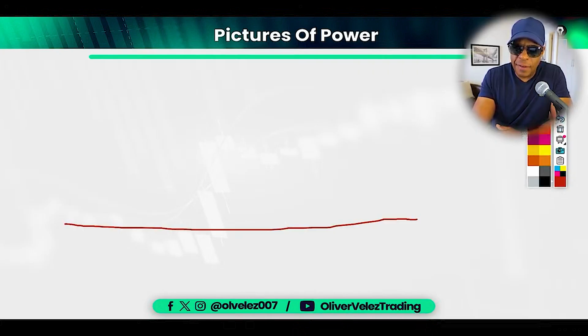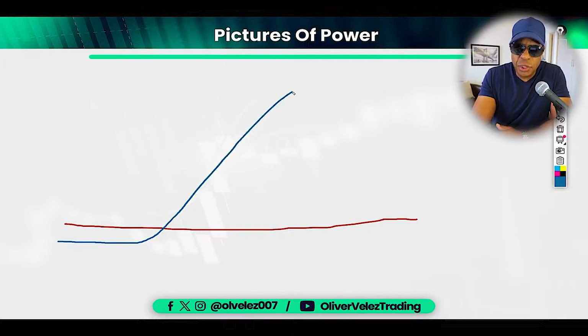We have the 20-period moving average here. Or let's just say we have the 20-period moving average under it first, and then the 20-period moving average starts to leave the 200-period moving average.